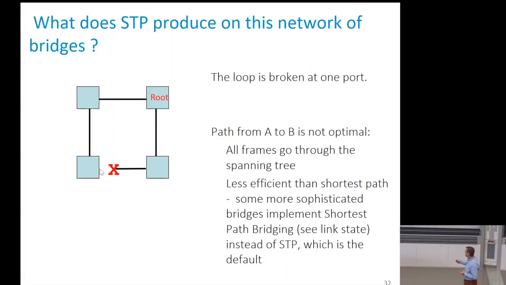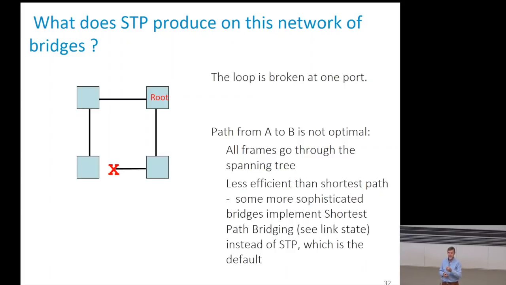So this node will detect that the root is no longer reachable, and they will compute another path to the root, a path that will go this way. So if this link breaks, after some convergence time of the protocol, this port will be reopened. So it will automatically adapt to losses of links or to deletion of nodes or addition of new nodes.